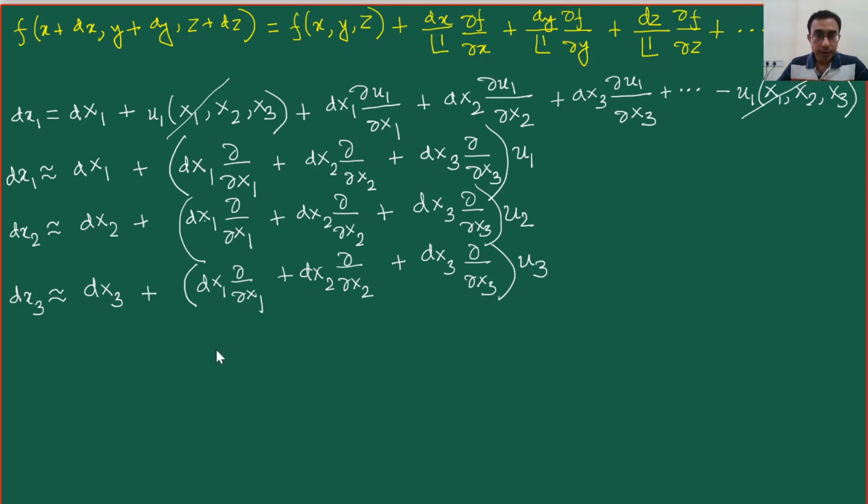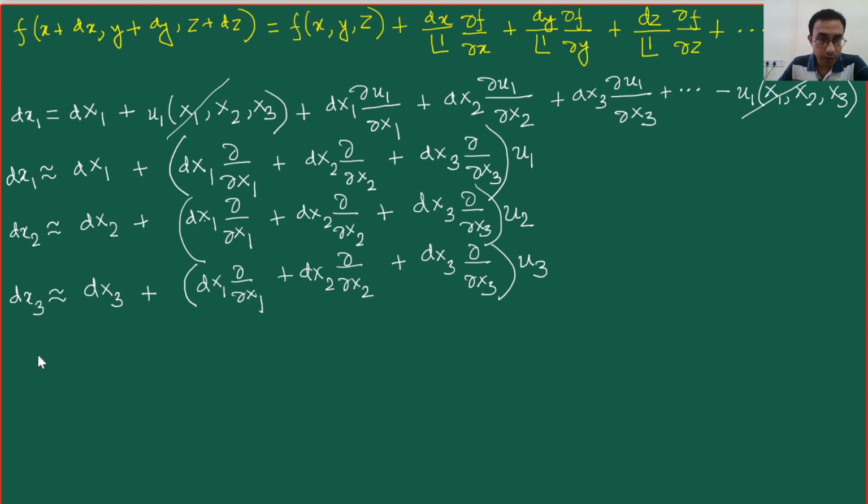Now you note that this entire operator is convenient and it can be written in a still more compact form by noting that this is almost like, so let me write this down quickly.